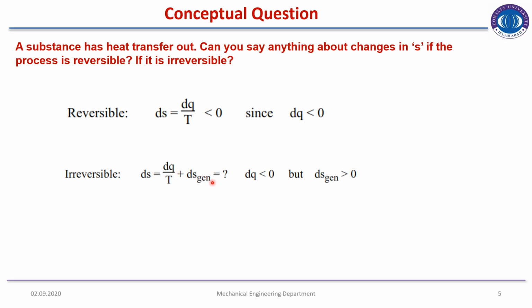As we have discussed in the previous lecture as well, entropy is generated due to the irreversibility present in the process. So for a reversible process, there will be no entropy generated, but for an irreversible process, there will be entropy transfer plus entropy generation.